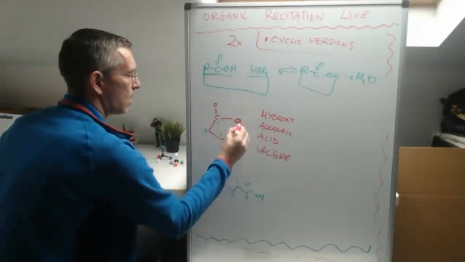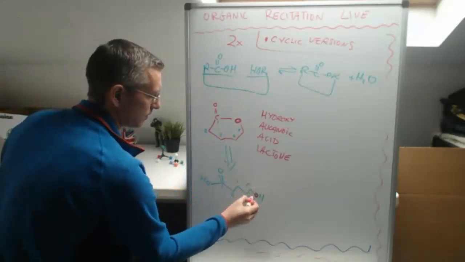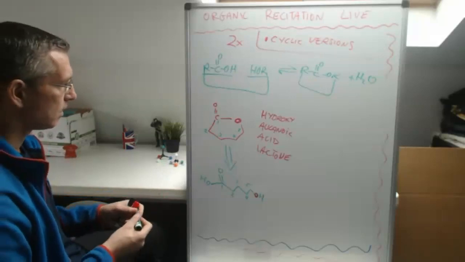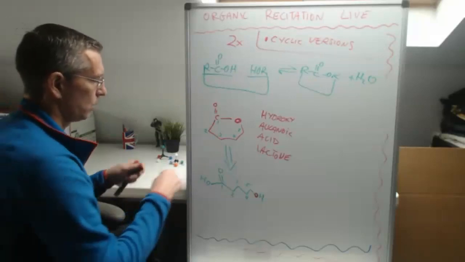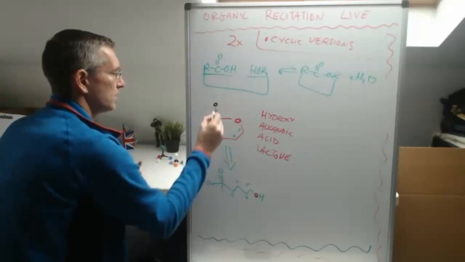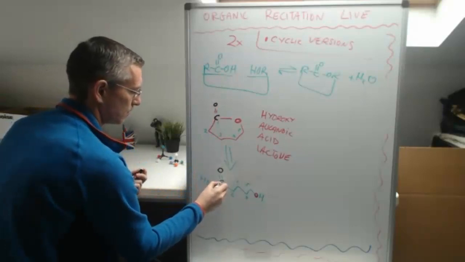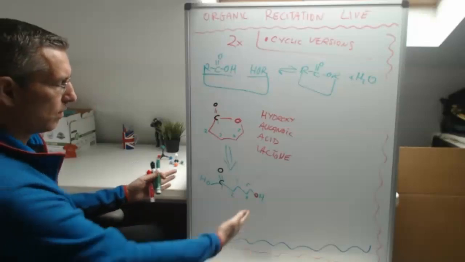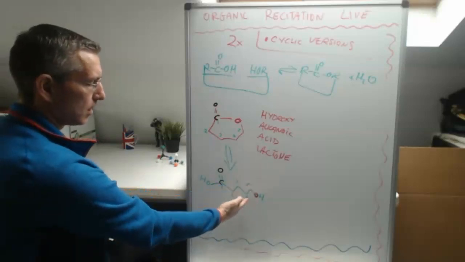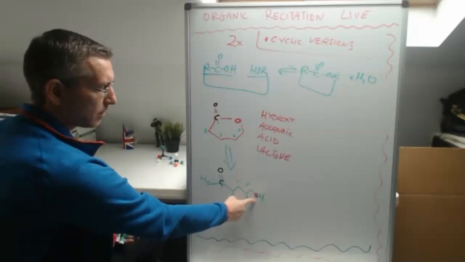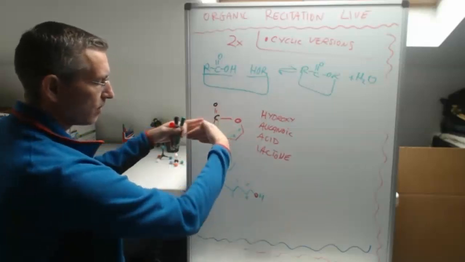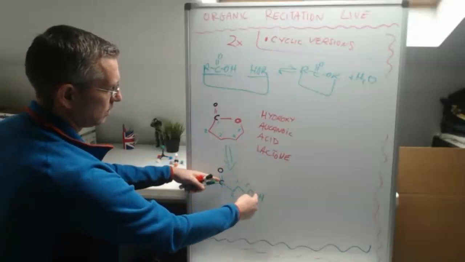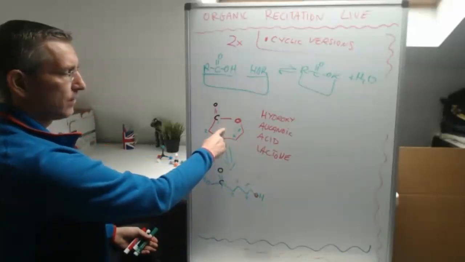This oxygen becomes that oxygen of your alcohol, whereas this carbon and this oxygen are those. So this carboxylic acid with an alcohol substituent, if it reacted together, would ring close here and give this lactone.